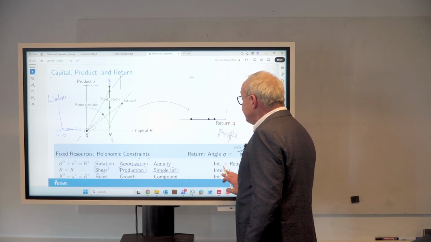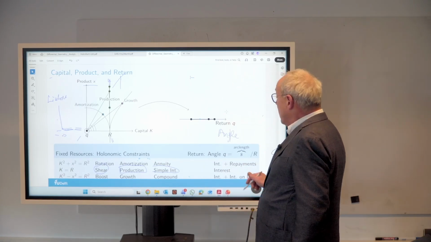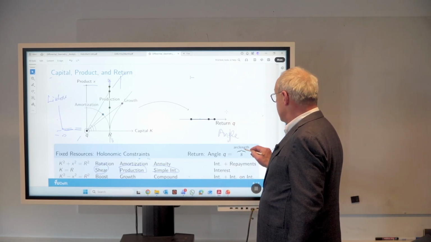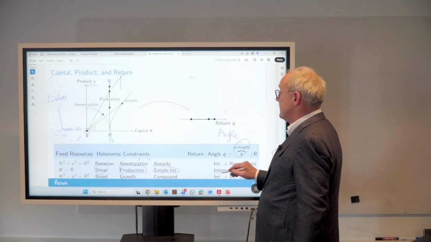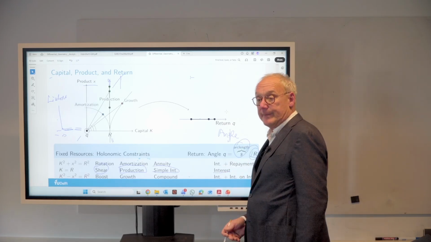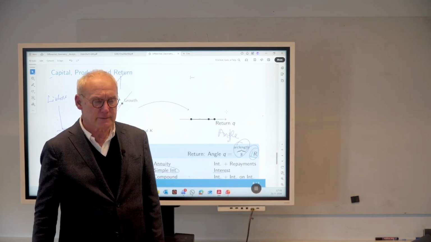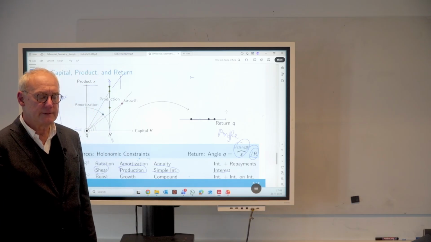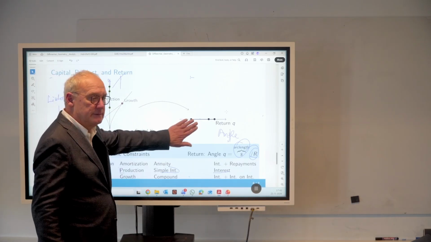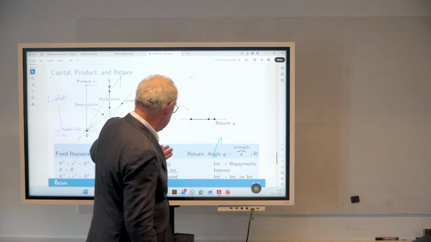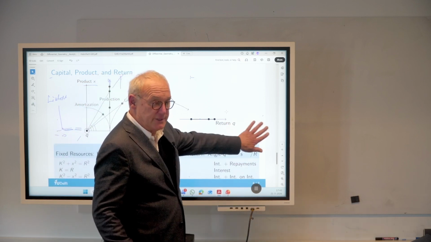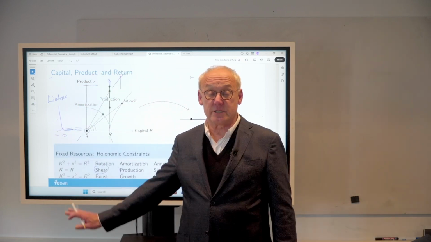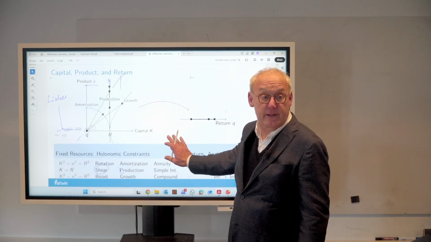And in order to take that thing, you calculate this thing, which I call arc length, which is just the amount of interest, and you divide it by your capital. So this is the easy one, but this is a non-trivial problem in economics.